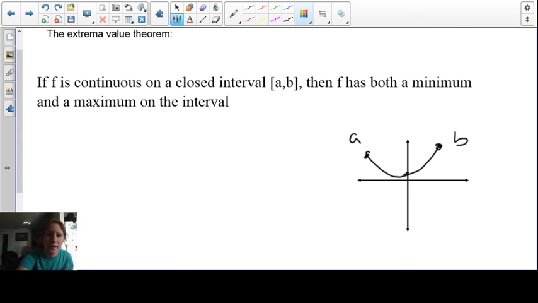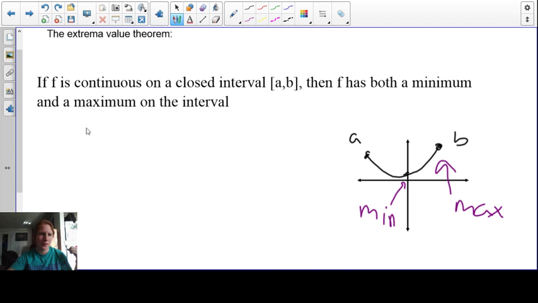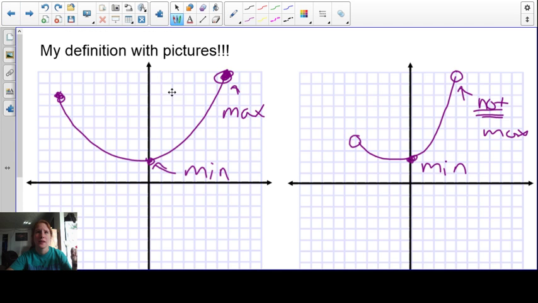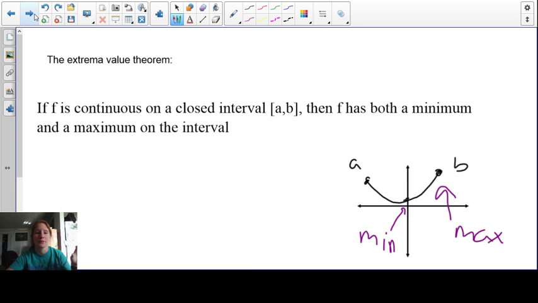So what this is saying is, it's hard to tell, but in this case I would let b be my maximum. And this point here in the middle be my minimum. Now these are a closed interval, so that's the example that we just saw in the first one. So if I go back a second, this first picture here is a closed interval. This one is an open interval. That means those points don't exist in the graph.